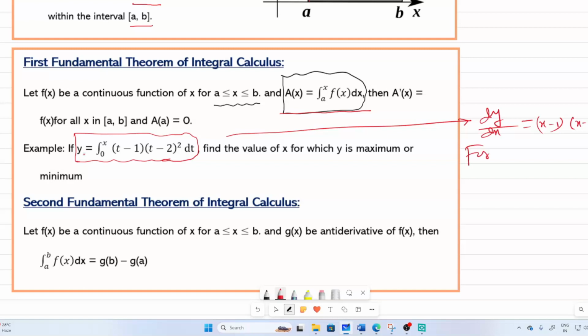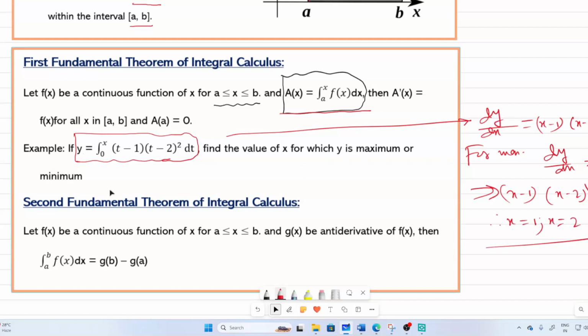Now for maxima or minima, you will put dy by dx equal to 0. This implies (x minus 1)(x minus 2) whole square equals 0. So x equal to 1 and x equal to 2. These are two values. Now whether there is a maximum or minimum, the test you know.